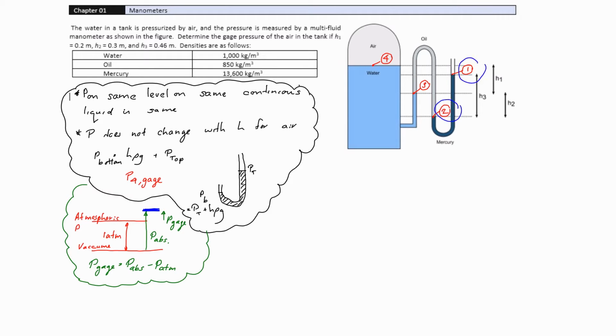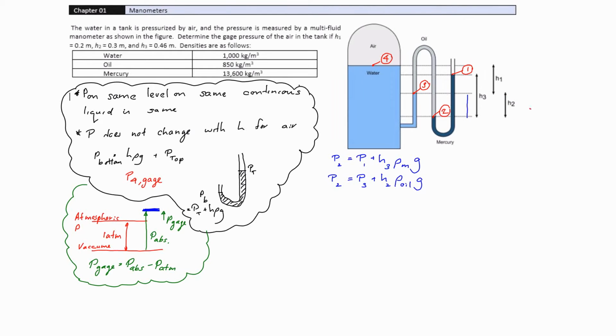The height of the column is H3 and the density of the liquid is rho m, mercury density, and we can write that the pressure at the bottom of this mercury column is equal to the pressure at the top plus H rho G. Similarly, we can consider the oil column and the water column from point 2 to 3 and point 3 to 4.